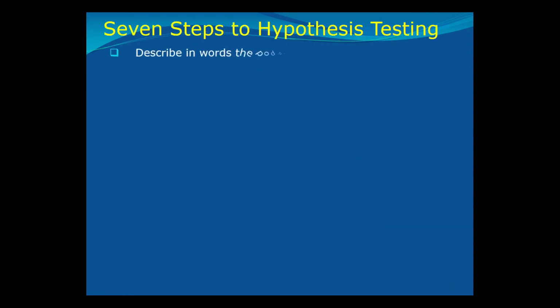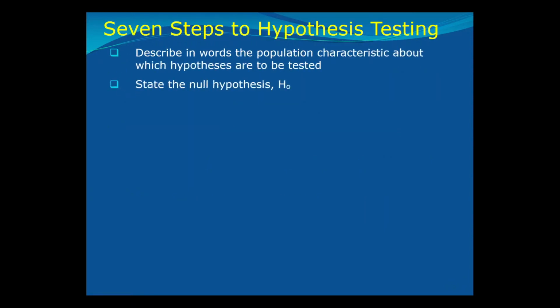Now let's repeat the steps of hypothesis testing again. First we need to describe in words the population characteristics about which hypotheses are to be tested.